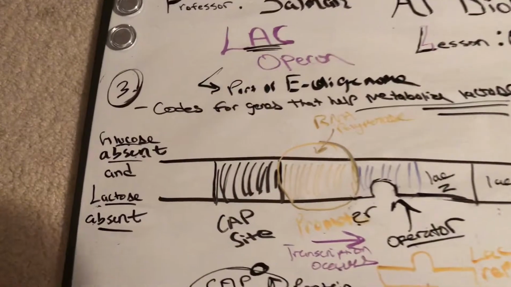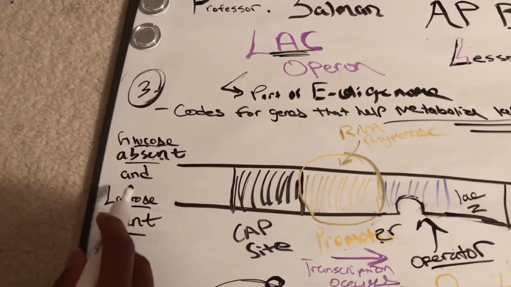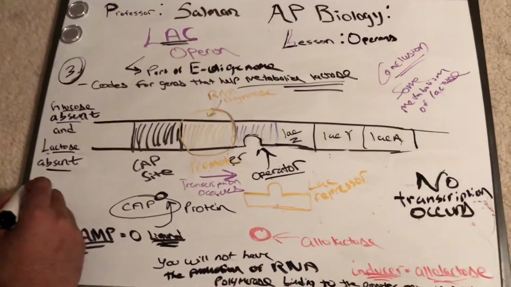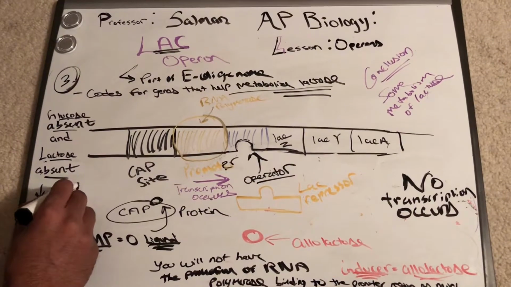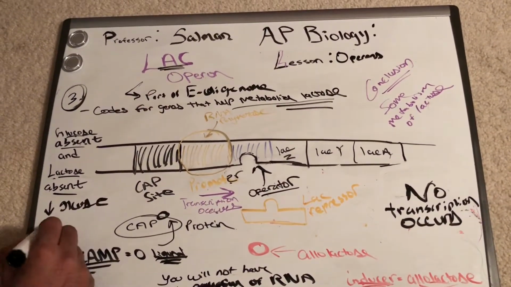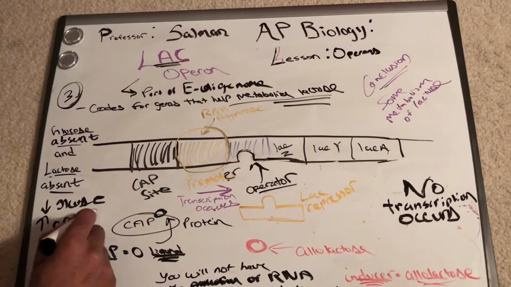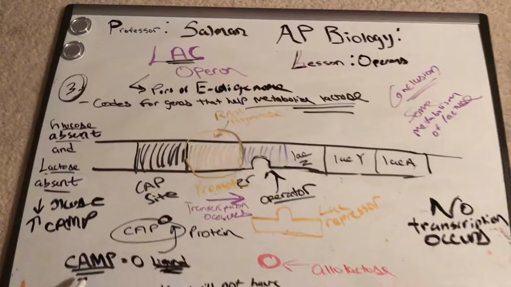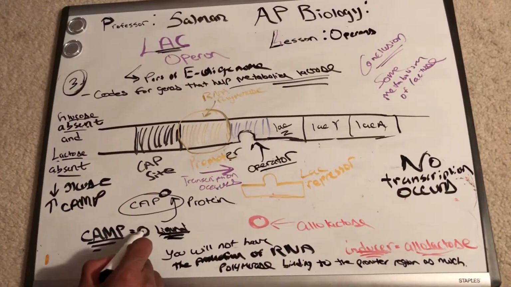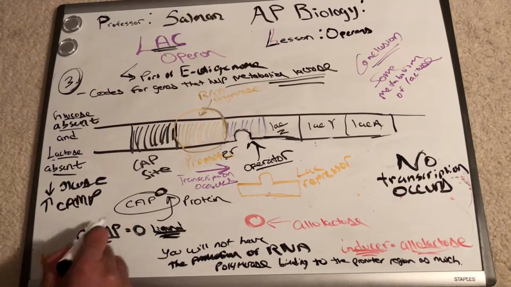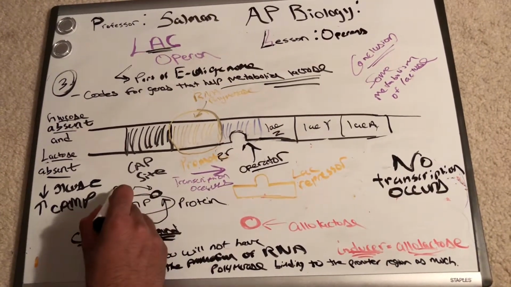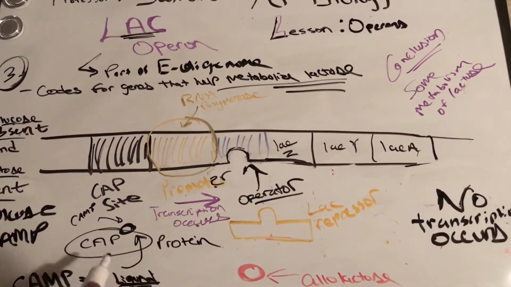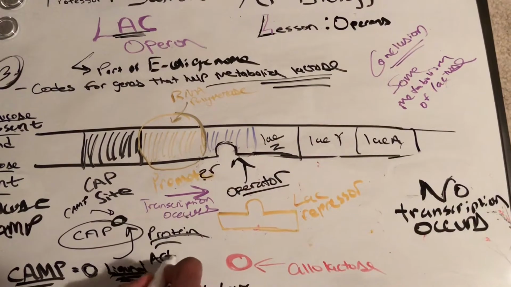Okay, so basically this is the third scenario we can get with the lac operon. And in this scenario, you have glucose absent and lactose absent. So basically what that means is if glucose is absent, decreased glucose levels means you have an increase of cAMP. And this increase in cAMP means an increase of this ligand molecule, which will allow cAMP right here to bind to your CAP protein, and that makes this protein active.